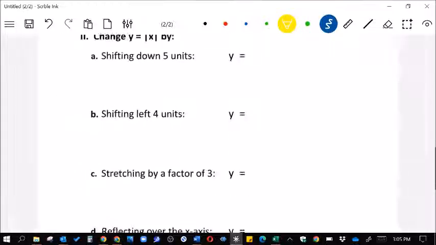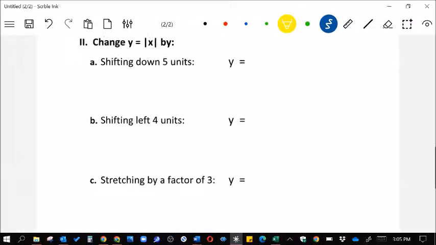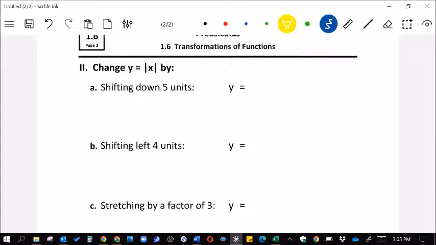Now, let's take a look at dealing with this by taking one of these, this time in absolute value, and let's do these things. Let's shift it down 5 units. So that is going to mean the absolute value of x, and since it's down, it's going to be -5, and that's on the outside of it.